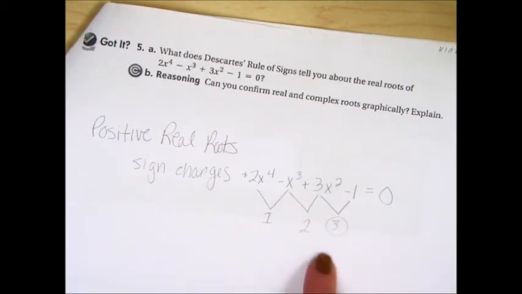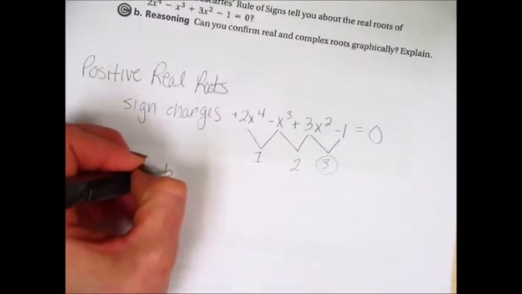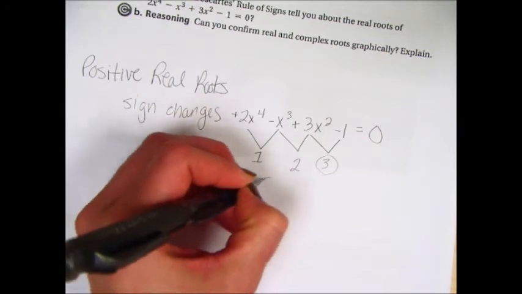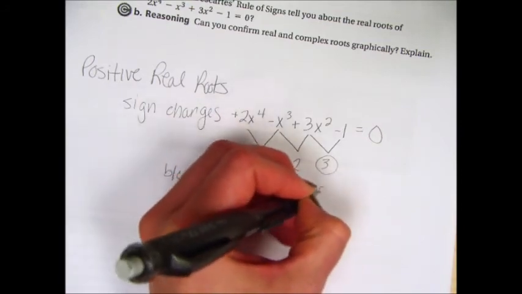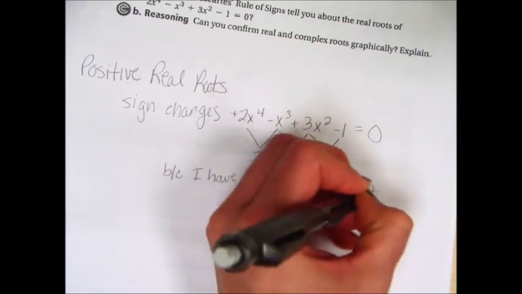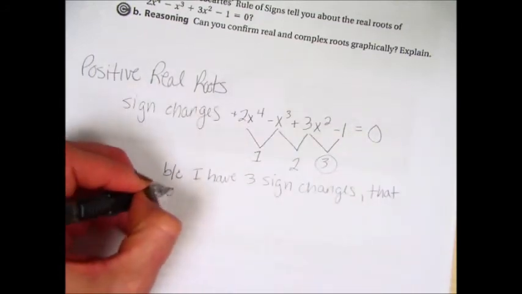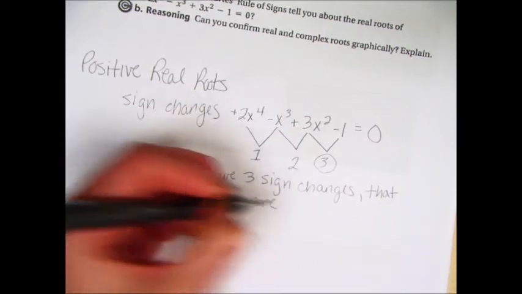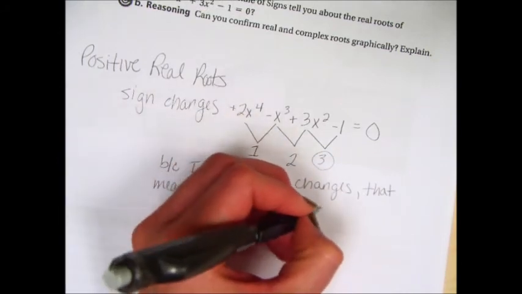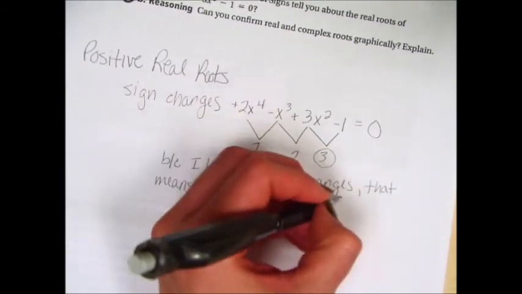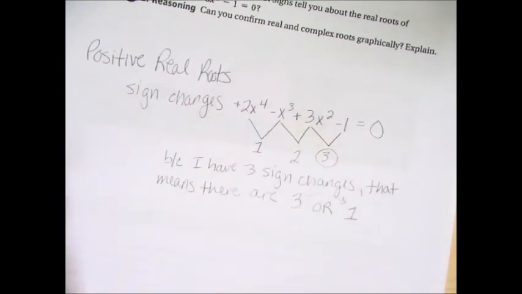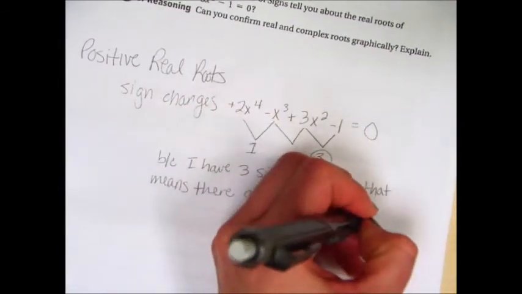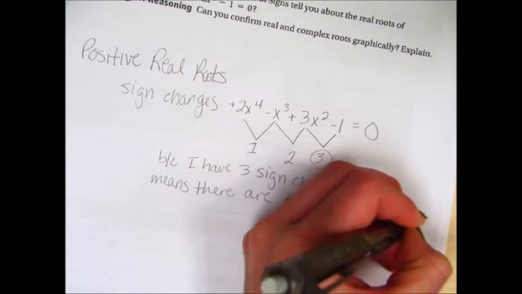Since there are 3 sign changes, here's what that implies. I'm going to write because I have 3 sign changes, that means there are, and here's the trick, 3 or, got to back off 2, 1, or maybe I should say there is 3 or 1 positive real roots.